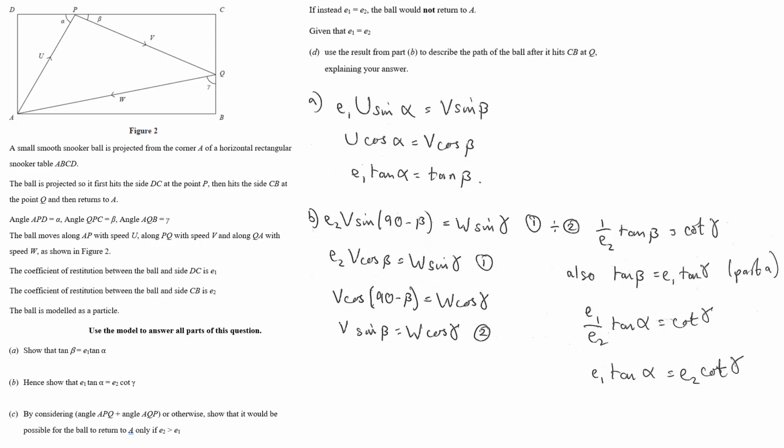So tan beta is E1 tan gamma. So I replaced the tan beta with E1 tan gamma and then multiplied both sides by E2 to get what they were asking for. Okay. Oops. All right. Looks like I missed out C. Okay. Well, that's for another time.